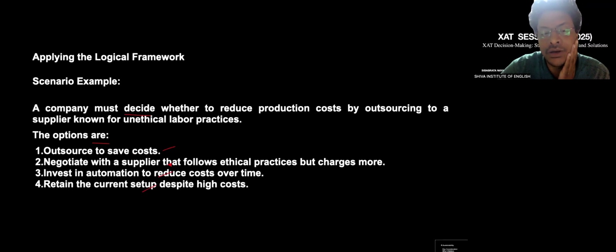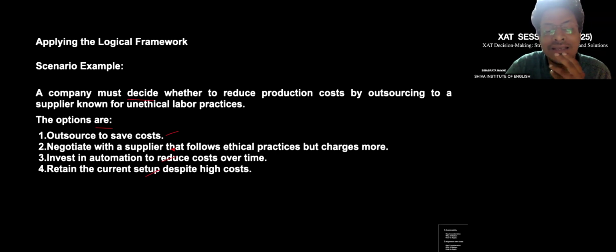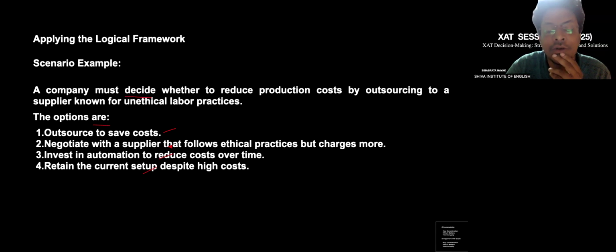In option one, do you find ethics is present? Then if you talk about the second one, negotiate with a supplier that charges more, right? Which is nothing but negative for society. In that case, we can say the stakeholder impact is negative for society.